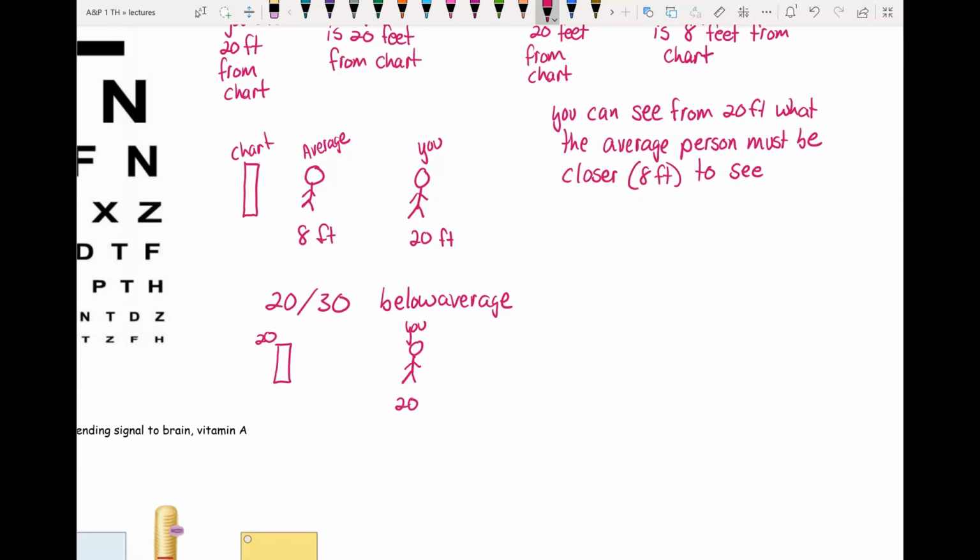And you can read a line. An average person, however, could step 10 feet further away and read that same line. They could be 30 feet away to read what you have to scooch up or stay at 20 feet to read. So that's how visual acuity works.